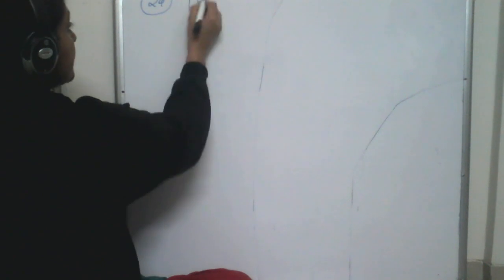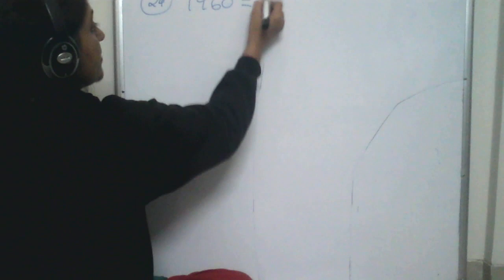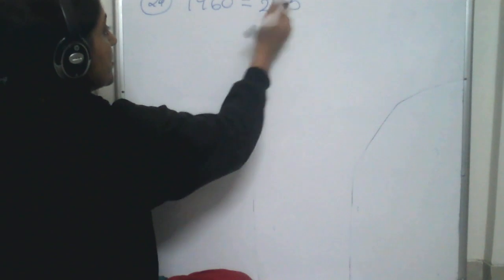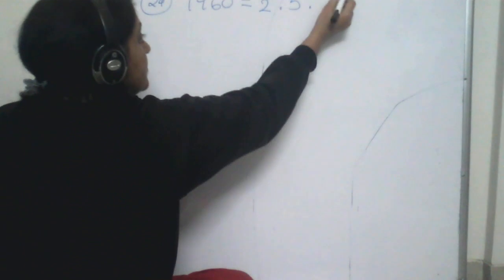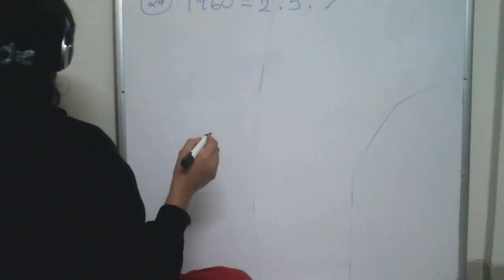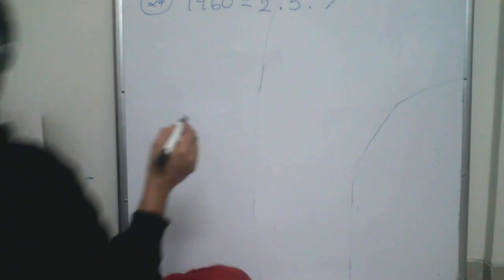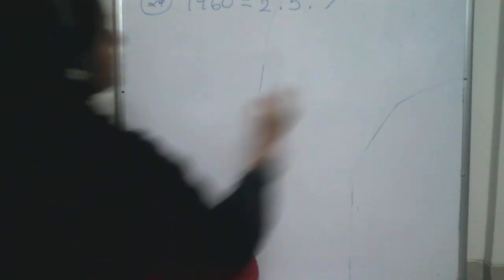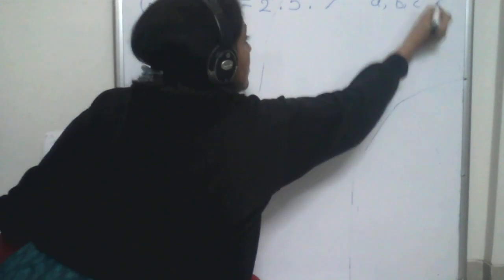It's given that 1960 is equal to 2 to the power a into 5 to the power b into 7 to the power c. We need to find the value of a, b and c. Find the value of a, b, c, how much.